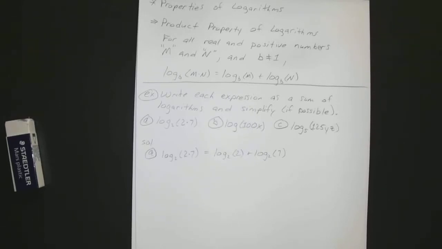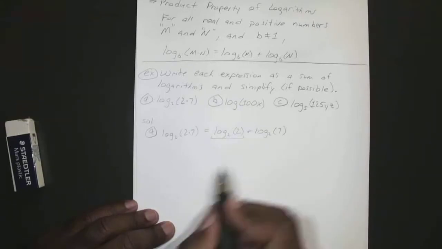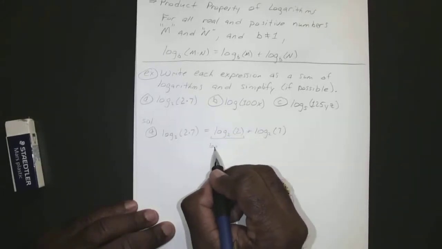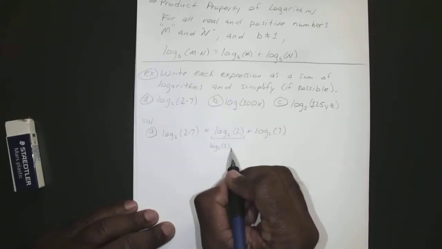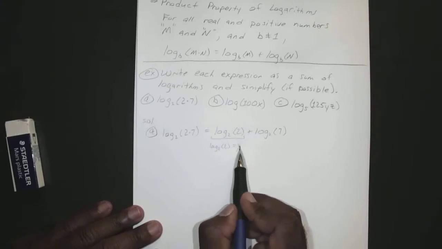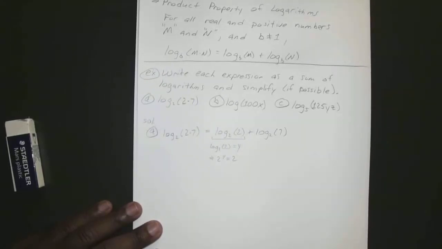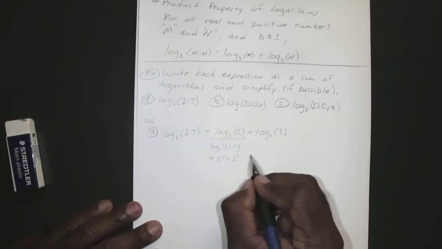So this is why they say simplify, if you can. If you make log base 2 of 2 equal y, that means 2 to the power of y equals 2, and remember, this is just 2 to the first power.